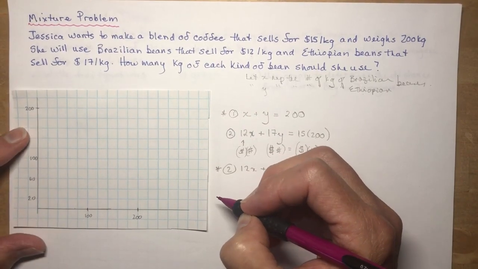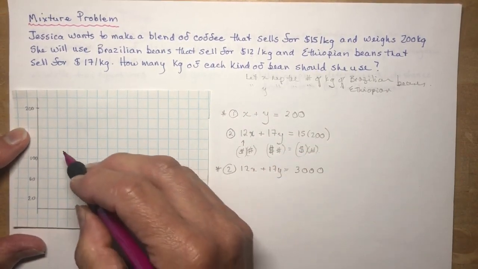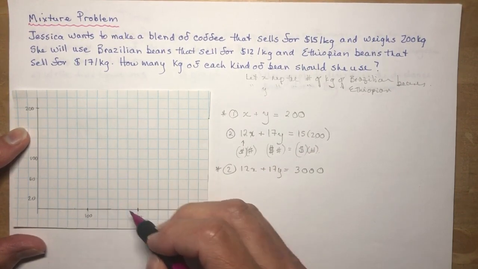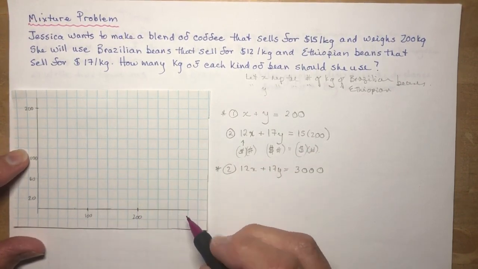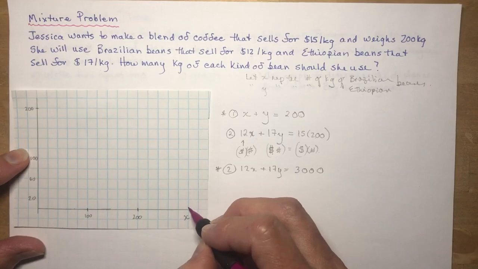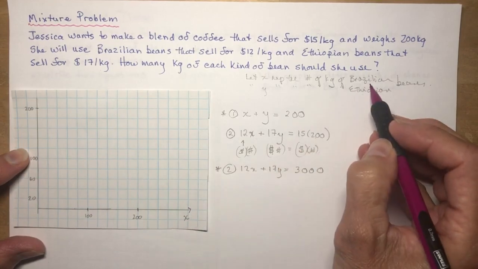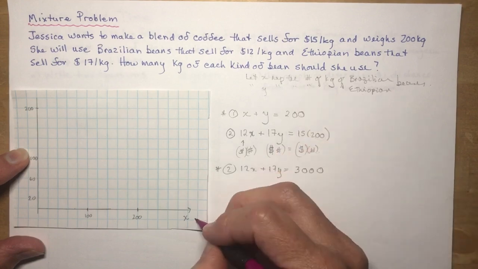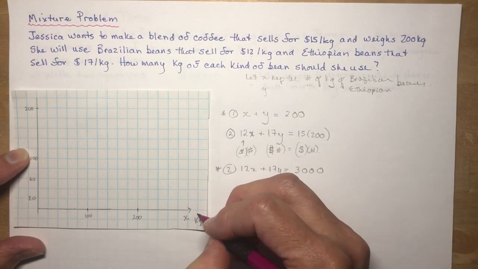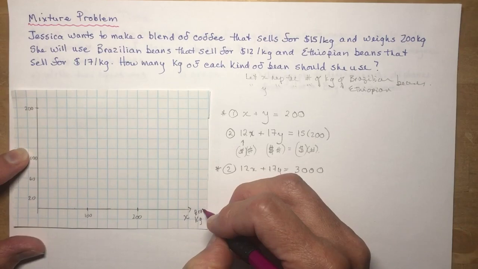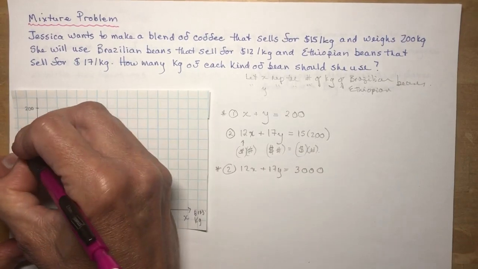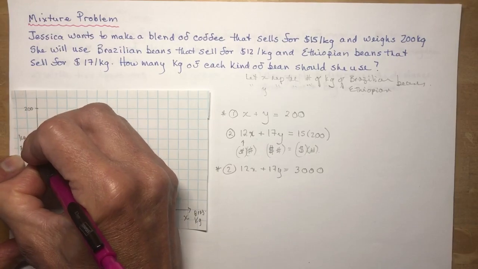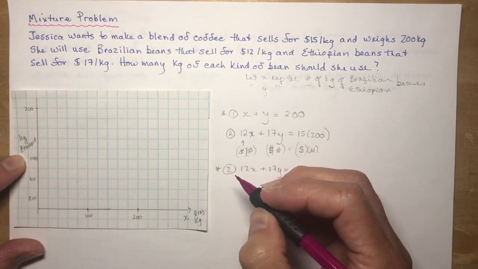Now I want to graph them to figure out where they're going to intersect, because that's going to tell me how many kilos. On this axis, x represents kilograms of Brazilian beans, and this is kilograms of Ethiopian beans.